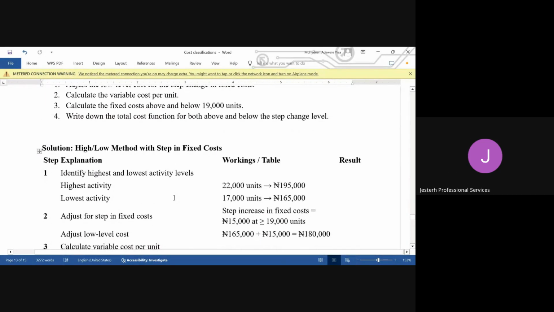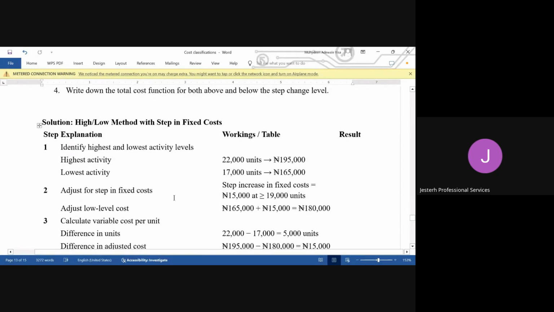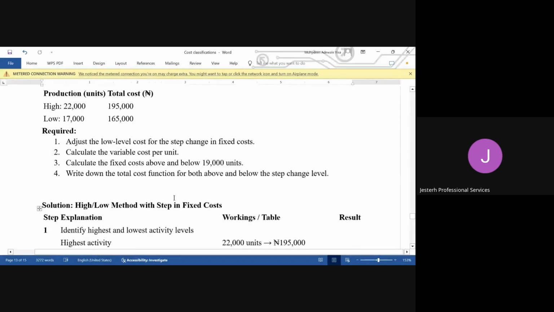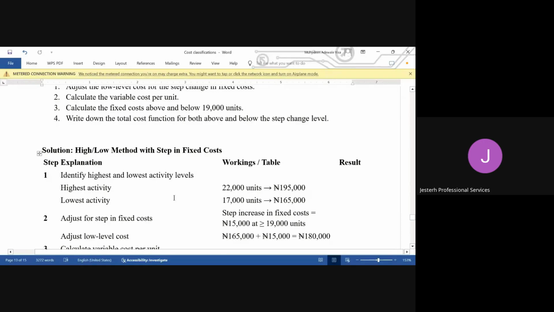How can we adjust it, and after adjusting it, how can we come up with the total fixed costs? We want to adjust it now because that is the number one requirement: adjust the step in the fixed cost.